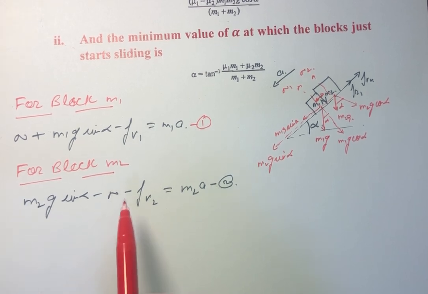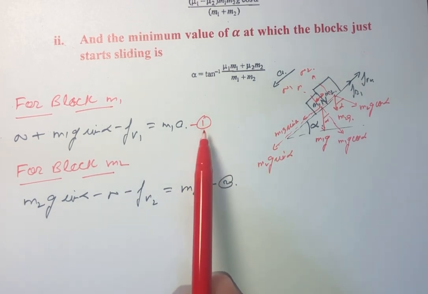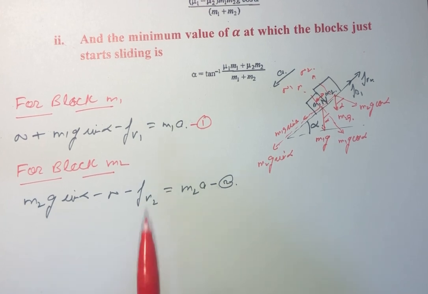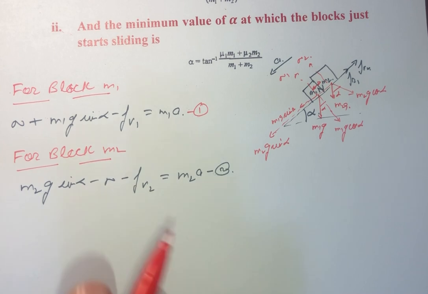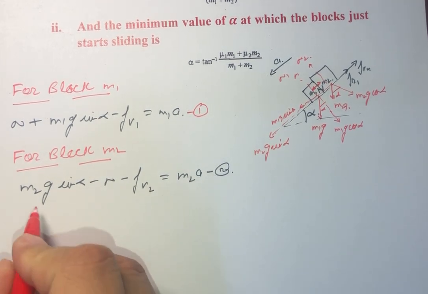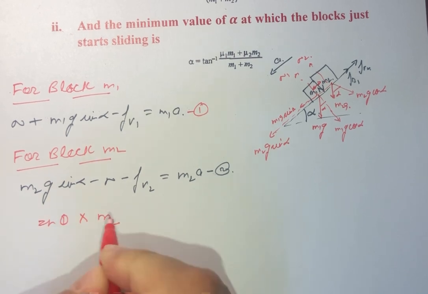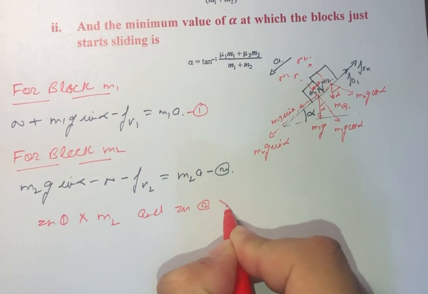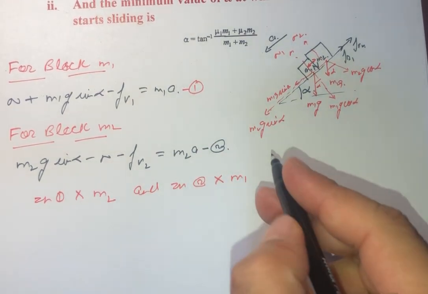So what we do, we multiply equation 1 by m2, and equation 2 by m1, and subtract them. So equation 1 is multiplied by m2 and equation 2 is multiplied by m1.